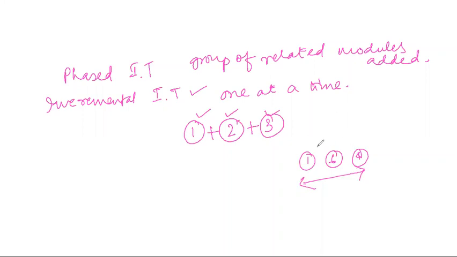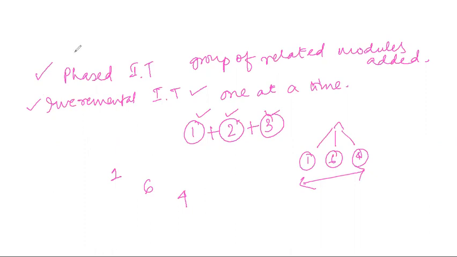If I want to add these three together, I will follow the approach of phased integration testing. And if I want to add first 1, then after that the results will come, then 6, then the results will come, then 4, then that approach is known as incremental integration testing. So incremental means one at a time, and phased means a group of related modules will be added, but both of them are added to the partially integrated system each time.